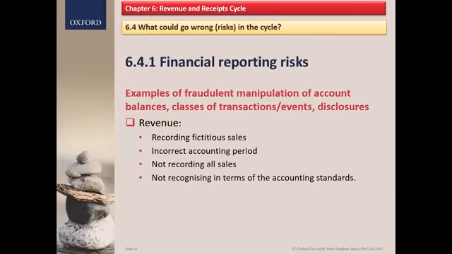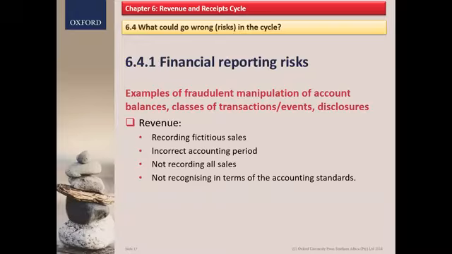Right, let us look at the risk pertaining to financial reporting. In this cycle, we've got some inherent risk, particularly relating to the activities happening within the cycle. So the examples of fraudulent manipulation of accounts, balances, classes of transactions, events, or disclosures.